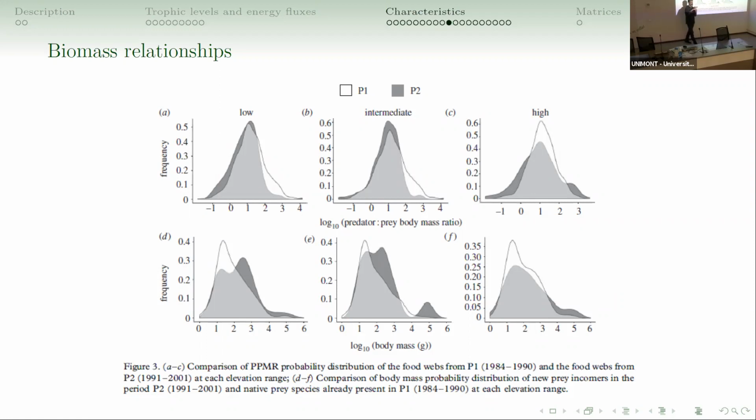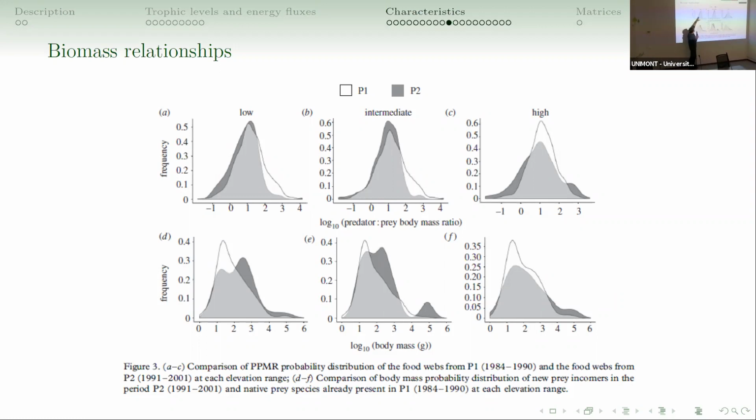I don't remember exactly, from 1,000 to 1,700, from 1,700 to 2,000 something, and above 2,000 something, right? So we had 3 food webs. And then for each pair of predator and prey, we divided the mass of the predator by the prey, and we just plot the distribution.